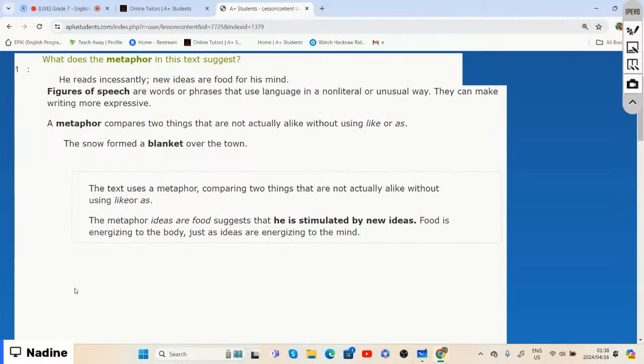It's not directly meaning we are talking about food that we need to feed the mind with. No, it's meaning that he is being stimulated by the new ideas. So food energizes the body, but the ideas energize the mind.